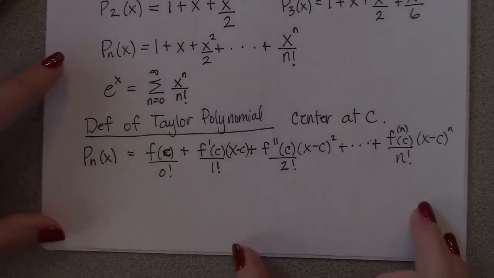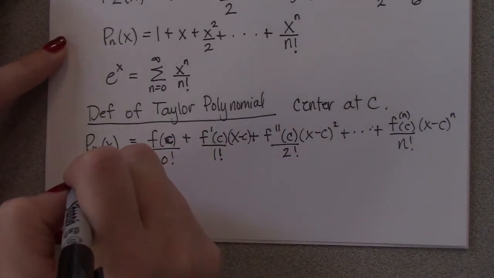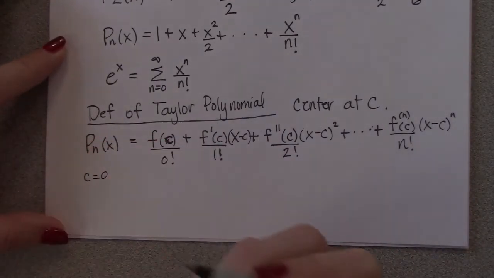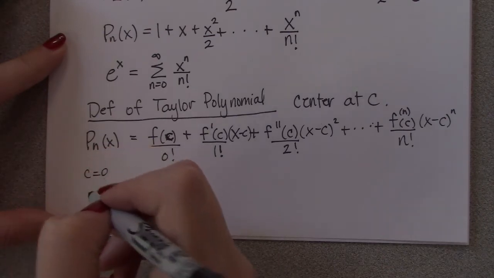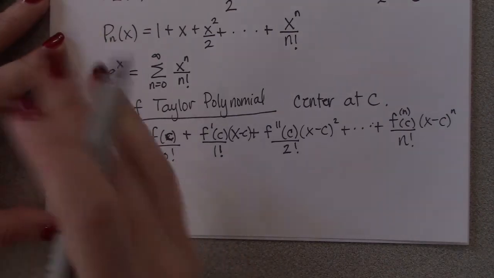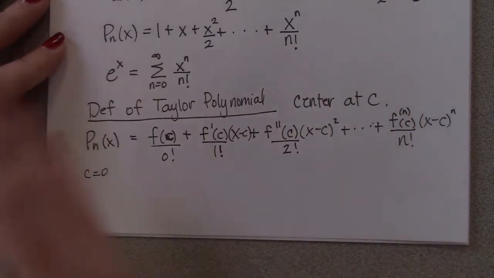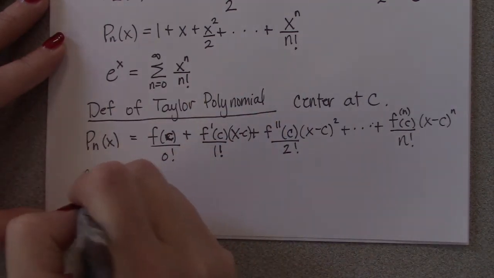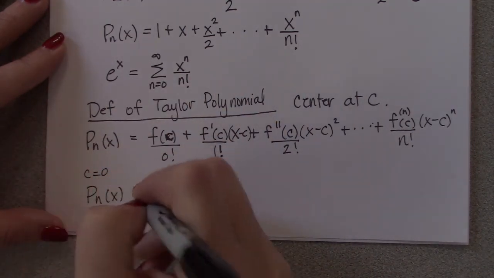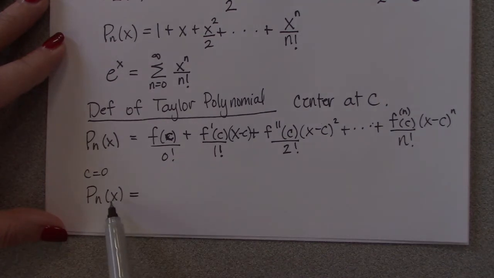If we want to center it at 0, right, we could adjust the formula, and most Taylor series are centered at 0, with the obvious exception of things like ln of x, which it makes more sense to center at 1. But if we want to center it at 0, and notice I don't put in 0 for x, I'm only putting in 0 for c.